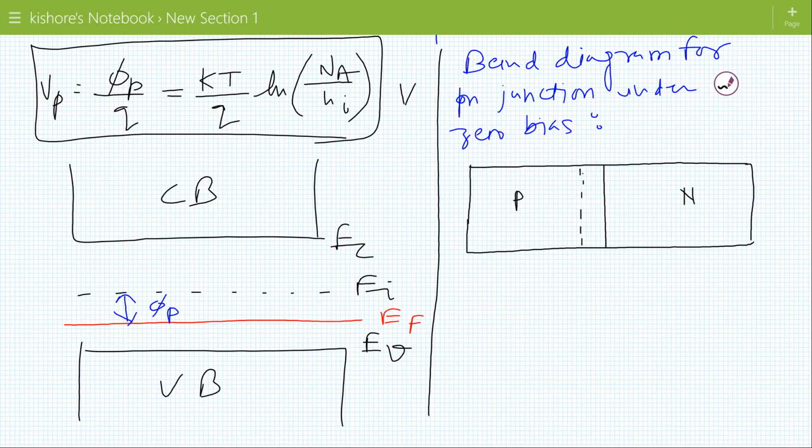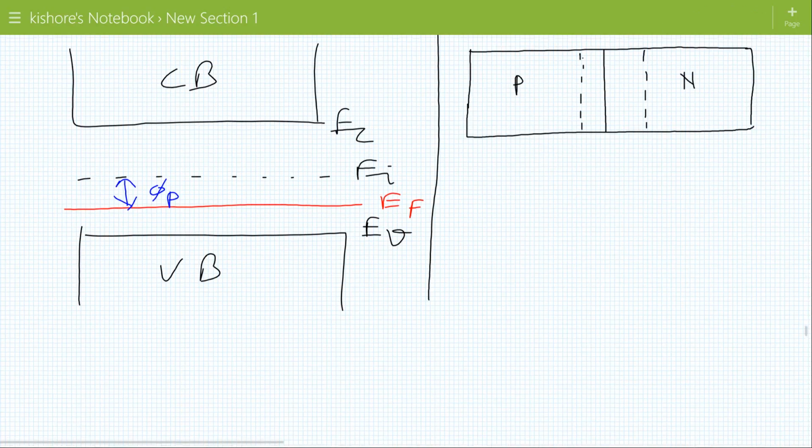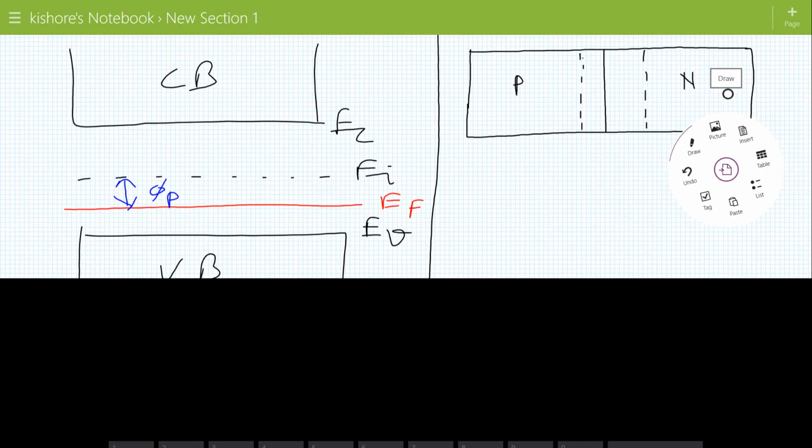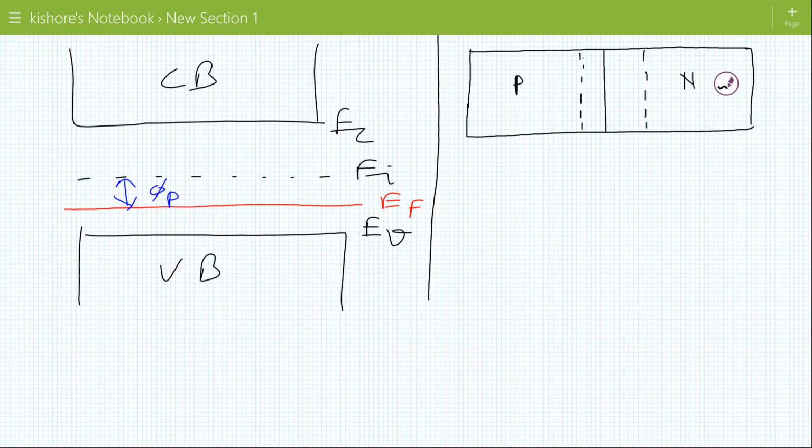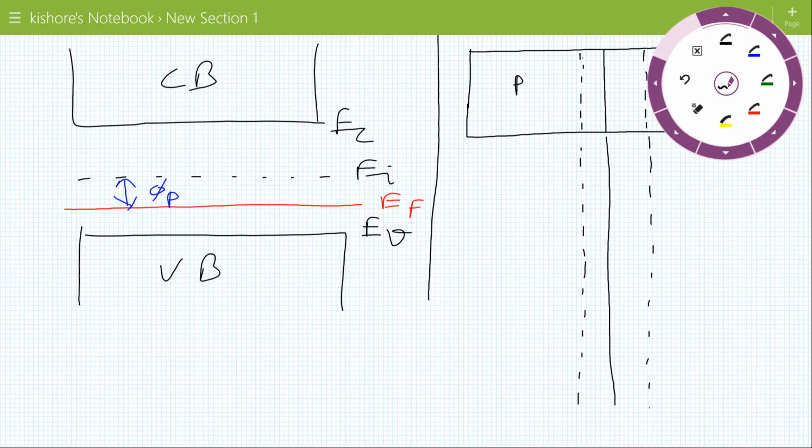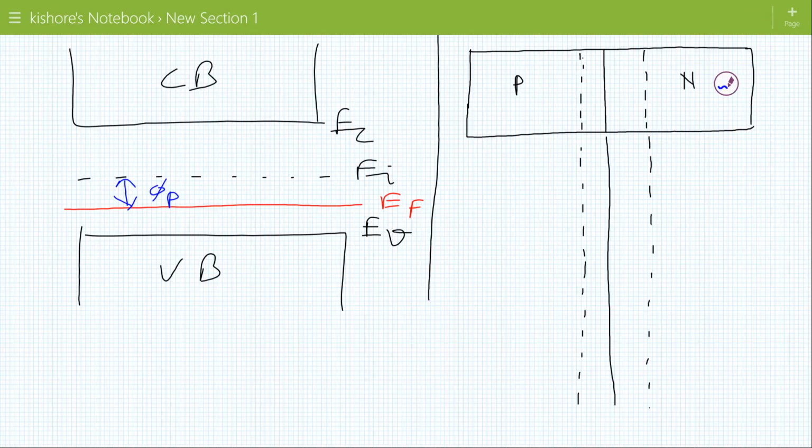Let us assume there exists a depletion region. Now, Fermi energy level for P-type semiconductor and N-type semiconductor is uniform throughout the PN junction.